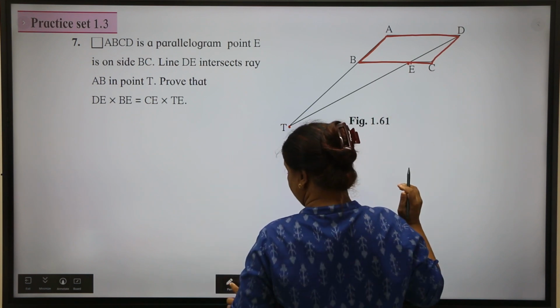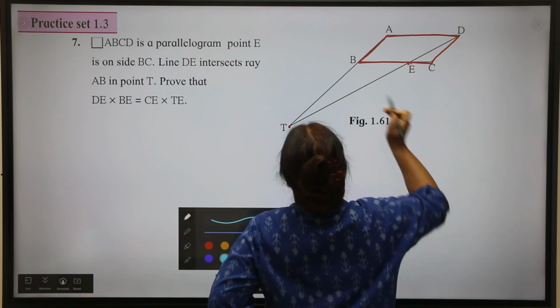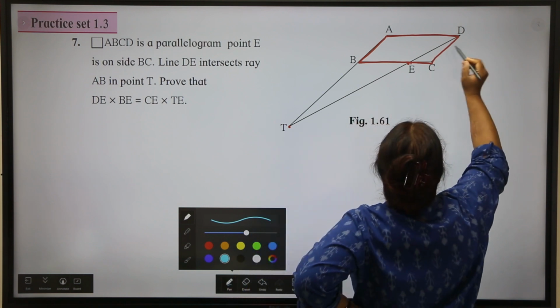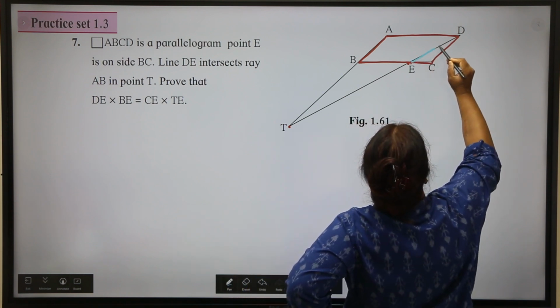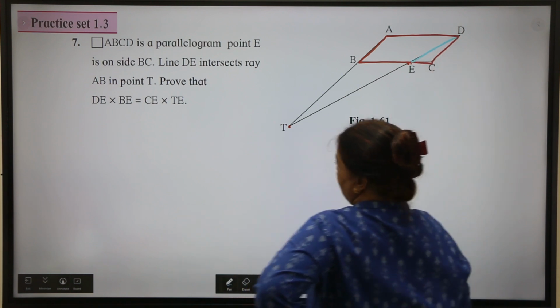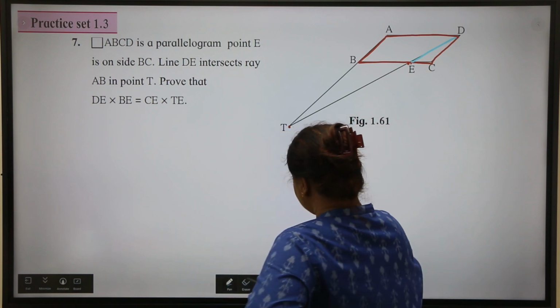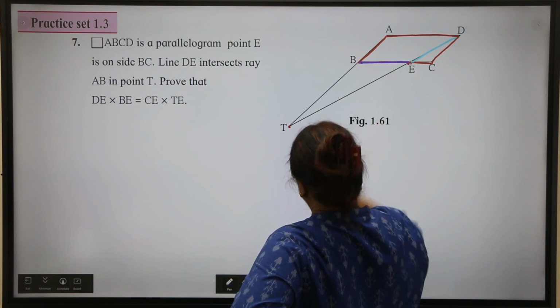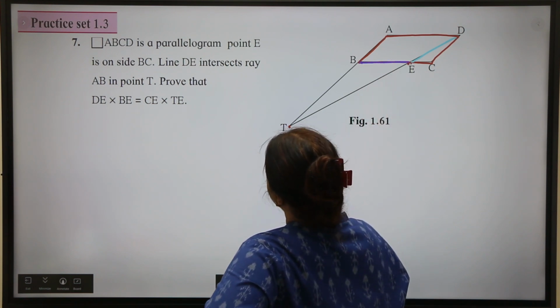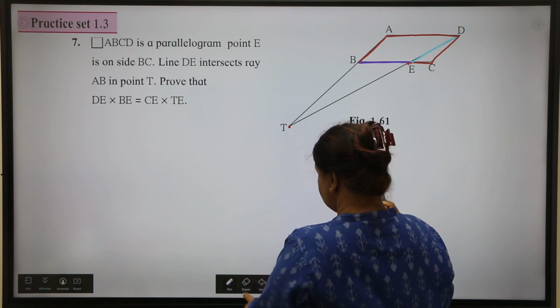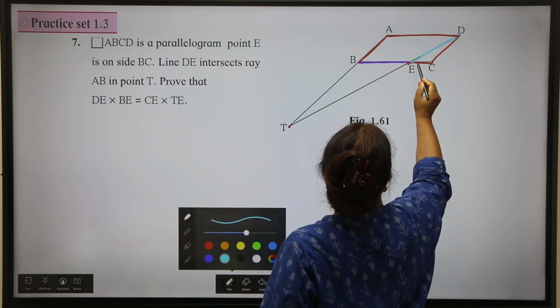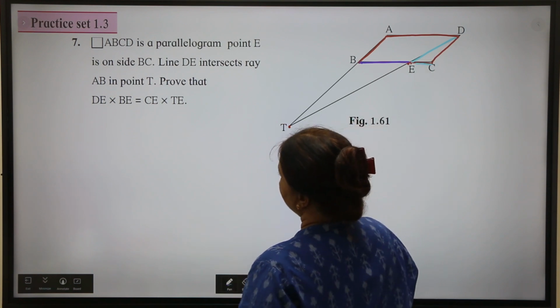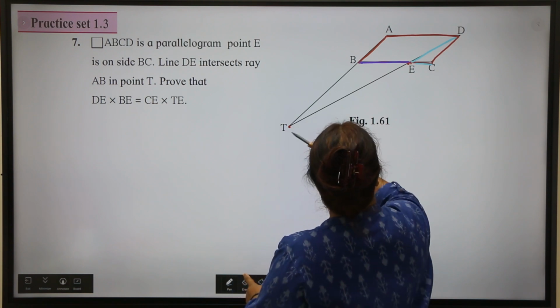Now if I am tracing my hand for proving this, DE, this is DE. BE, where is BE? This is my BE. Then CE, where is CE? This is CE. And where is TE? This is TE.